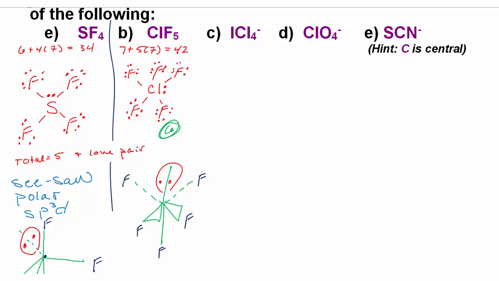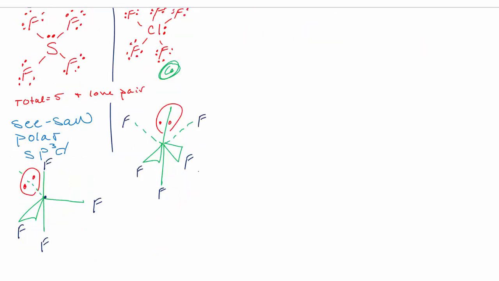Square pyramidal. It's definitely polar. And my hybridization is sp3. That's only 4. I need 2 more to make 6. sp3d2.